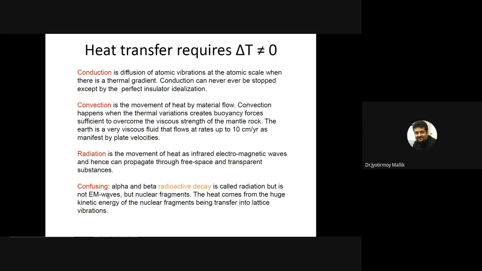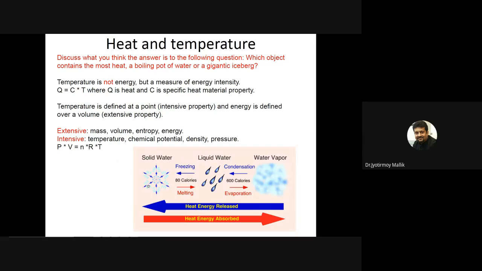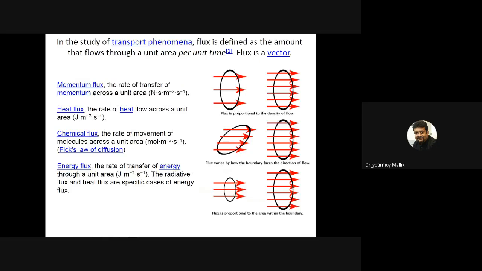So remember that it is electromagnetic wave propagation we are talking about, not radioactive decay. They are confusing, but they are not exactly the same thing.